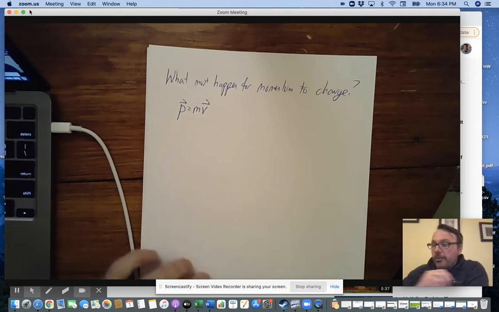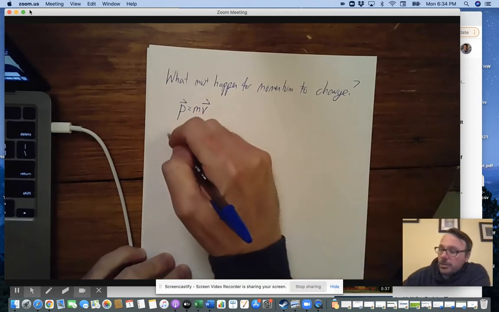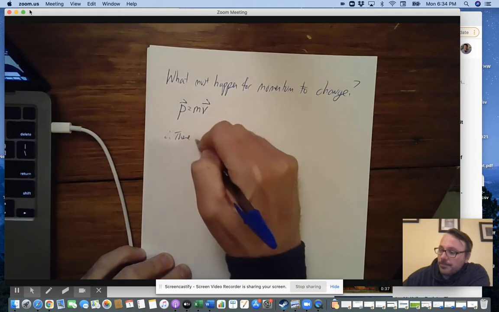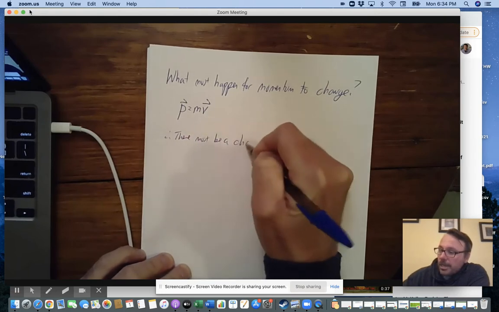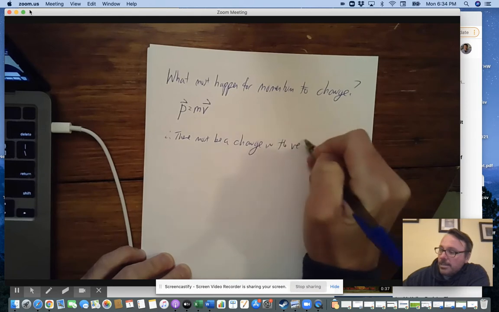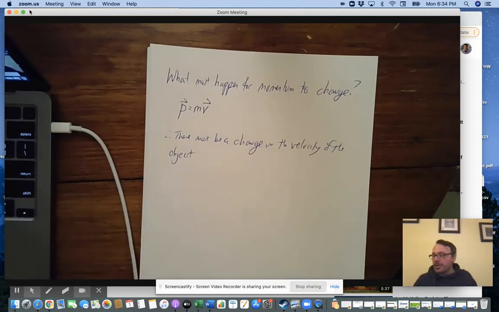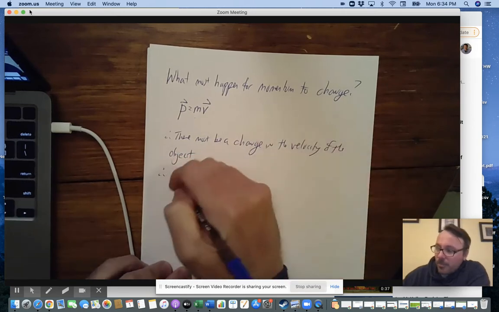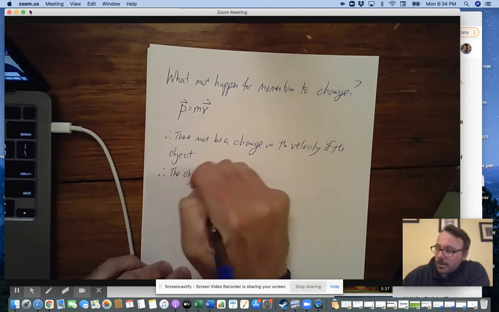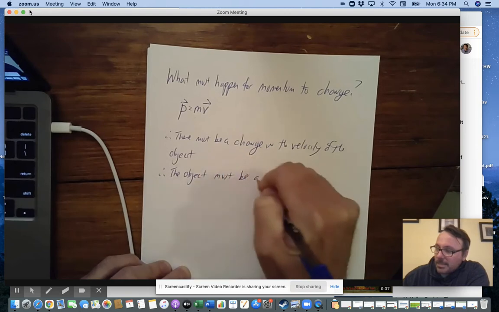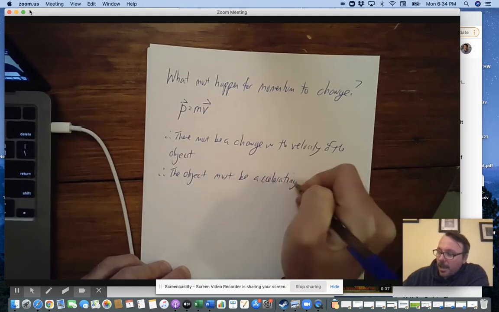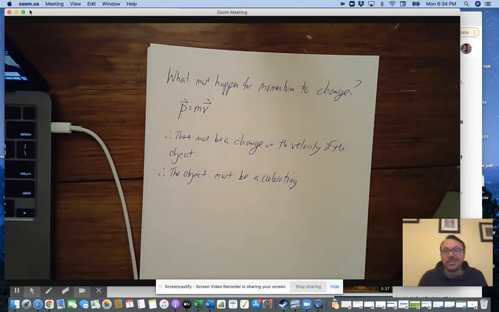for the reason I just talked about. So in other words, for momentum to change, there must be a change in the velocity of the object. All right. So any change in velocity means there's a change in momentum. Well, what does that mean? If there's a change in velocity, the object must be accelerating, right? Because the rate at which the velocity changes is the acceleration. So anytime there is a change in velocity, there must be an existing acceleration.